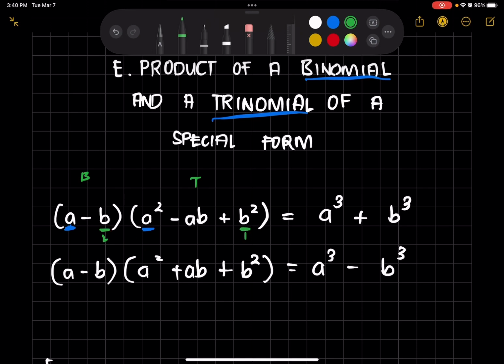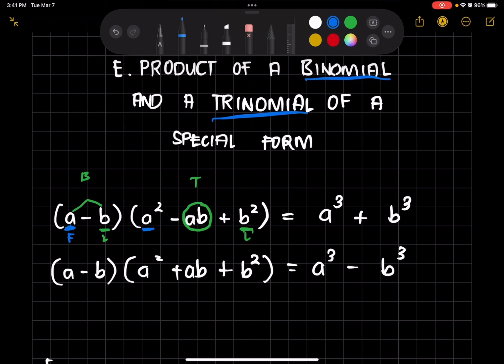And the last characteristic of this special product is meron tayong product ng first term and the last term. So, ibig sabihin, dapat yung nasa gitna dito, it's a product of the first term and the last term. And kailangan additive inverse. So, when I say additive inverse, it should be the opposite of the operation.